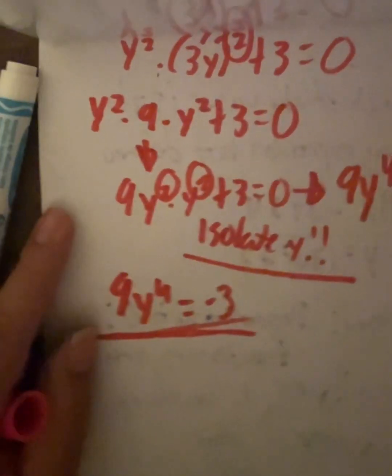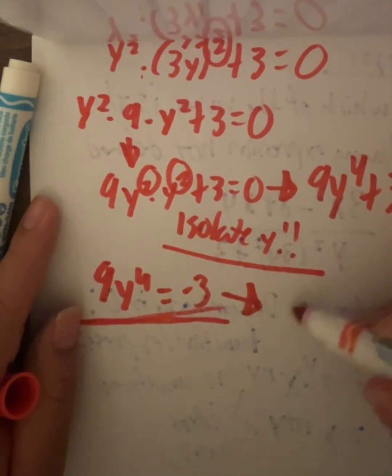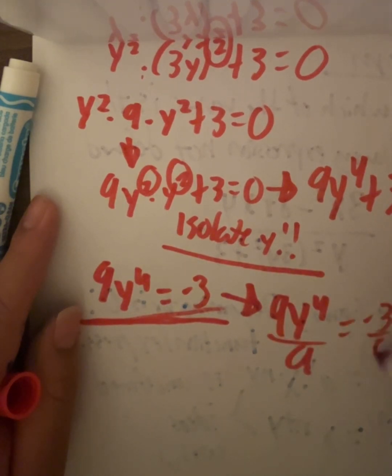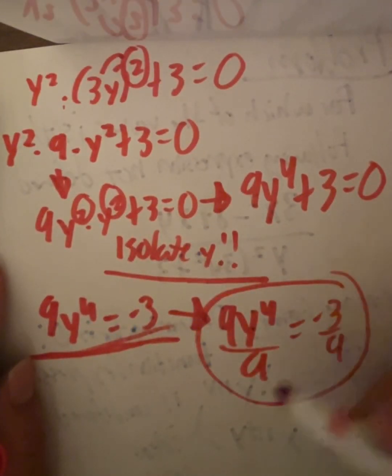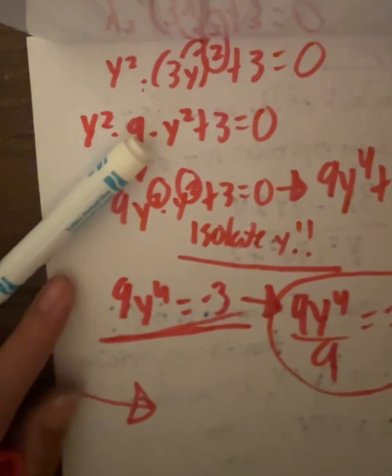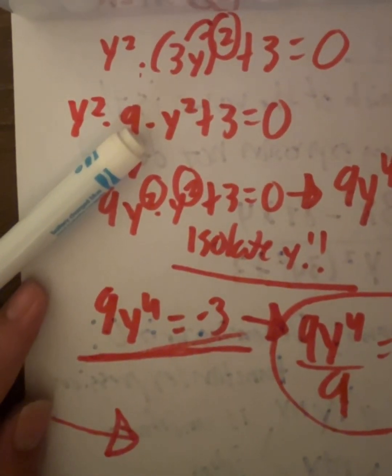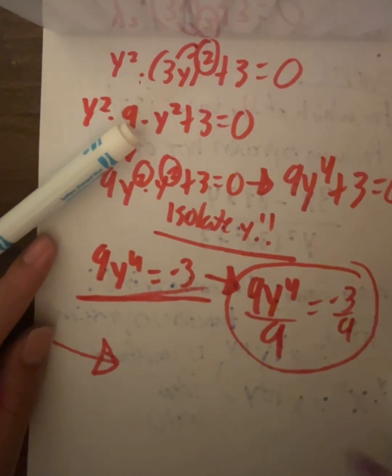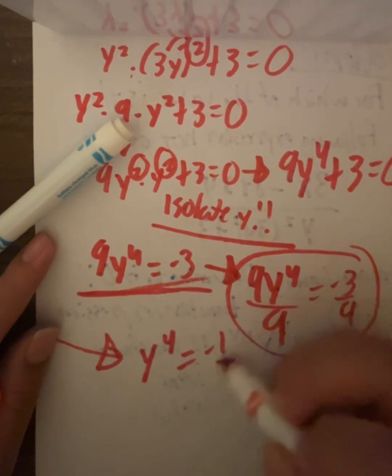And so what we can do next is divide by 9, and then we can simplify. We're left with y to the 4th equals negative 1/3.